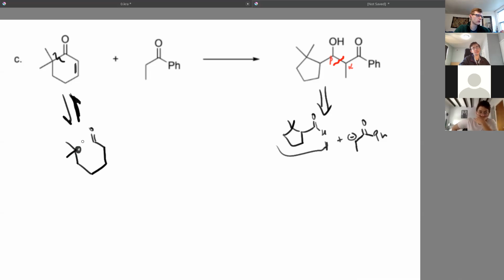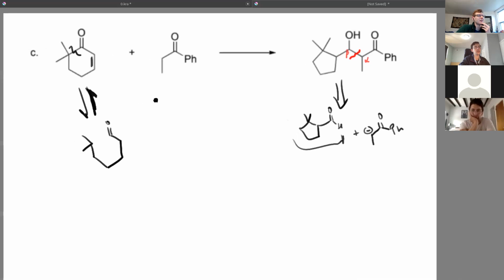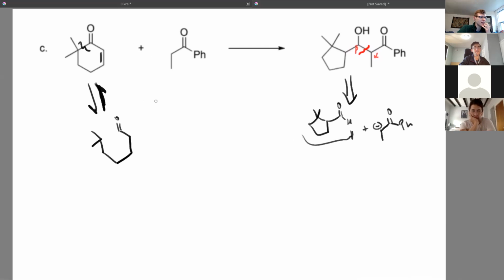Yeah, do something to give that a negative charge and then have it attack the carbonyl carbon somehow. I'm thinking about it, but I don't know what you could do. Especially on a tertiary carbon, right? Getting a negative charge on there is just impossible without a shift.